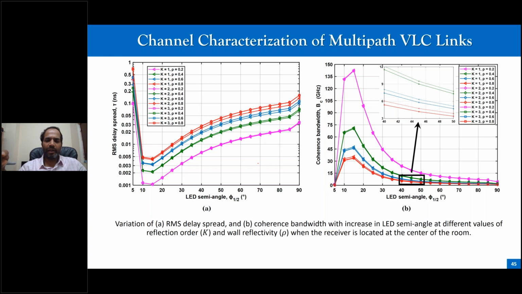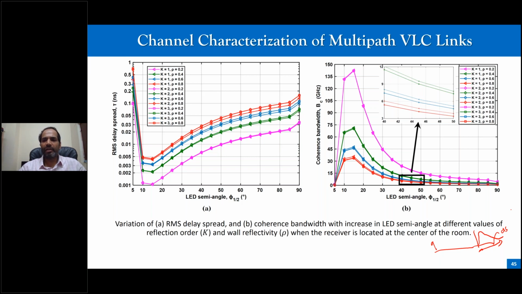So one thing that we are trying to find out is what is the delay spread. Delay spread typically means if you have an impulse at the input, and my channel is linear time invariant, this is typically the delay spread of the channel, in simple words, in loose words. If you already know it, it's fine.